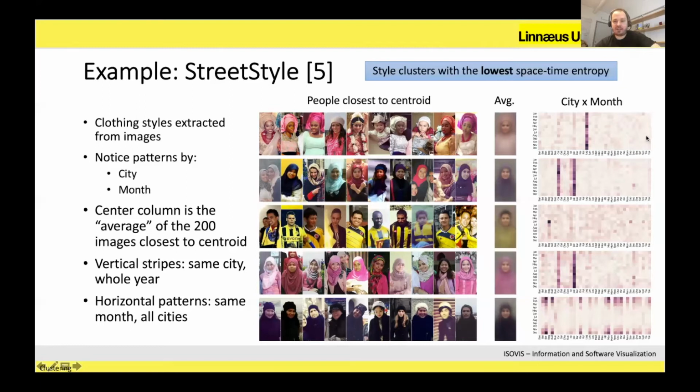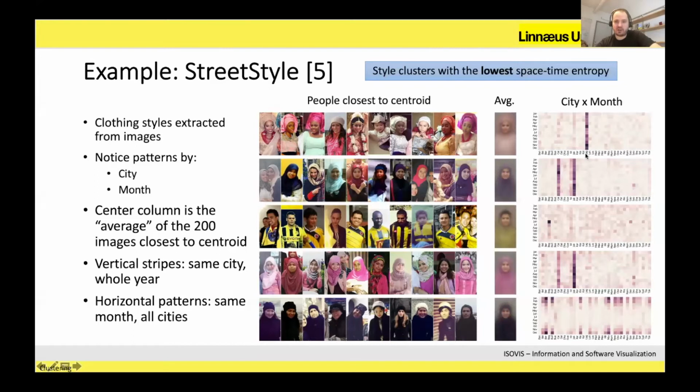And finally, this thing here gives a more detailed perspective. Look how interesting this is, because if you look at the vertical stripes, that means there's a certain pattern that is very strong in one city, because this is one city.